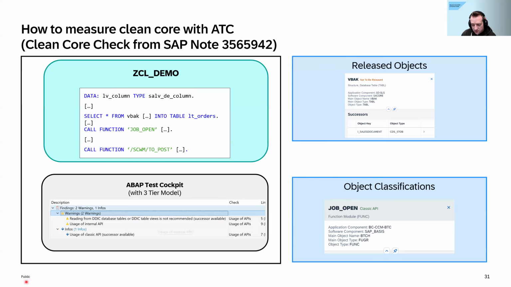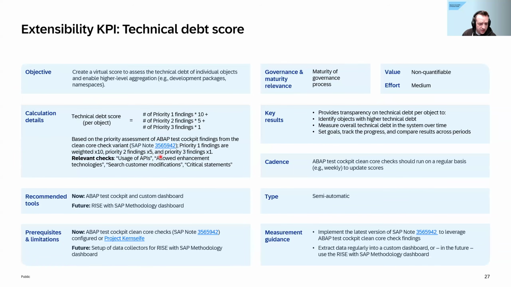What's happening then, coming back to what we've seen before on the calculation, is the ATC runs up with, in this case, my object has 2 warnings and 1 info message. So my technical debt score of this object would be 2 warnings, 2 times 5, 10, plus 1 info message, 11.